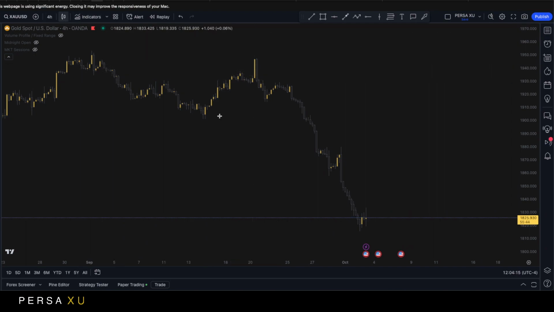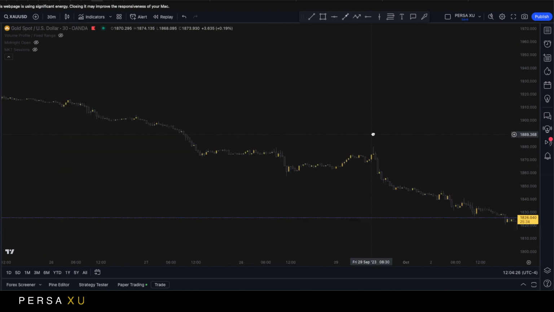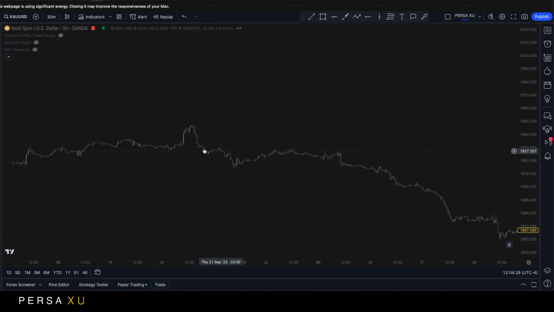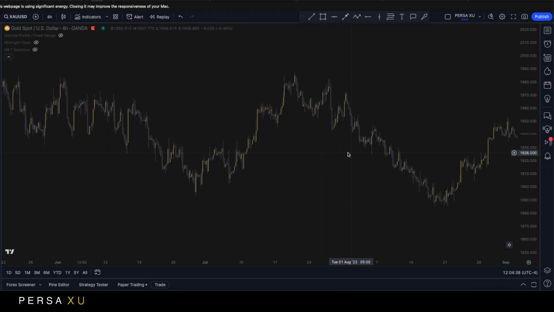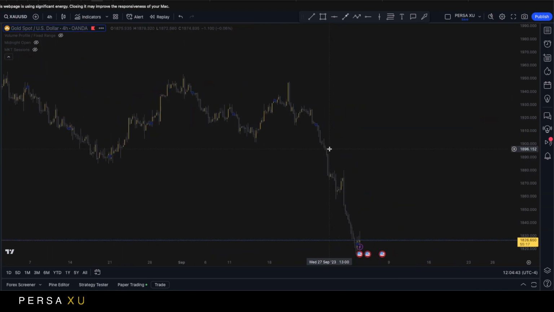This is the 4-hour time frame, by the way, on gold, and this is an A shape because if we zoom in on, say, the 30-minute time frame, and we go back to where we saw that, it's like an A. Okay, so these are key things to look for in the market.